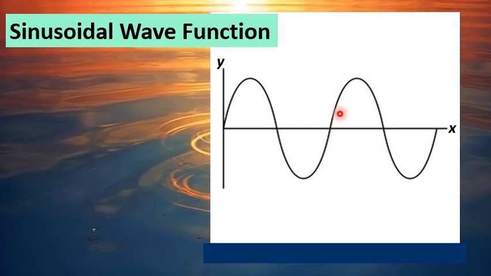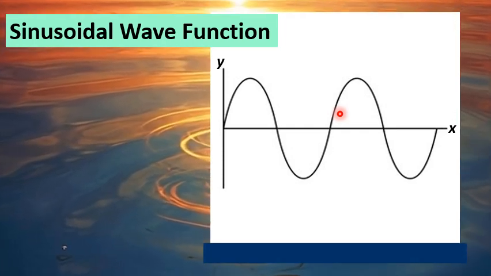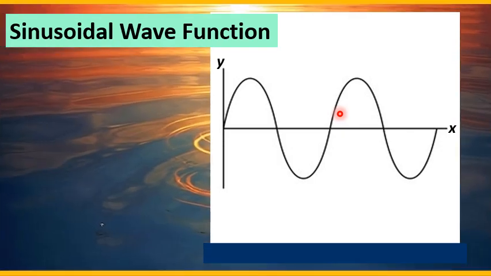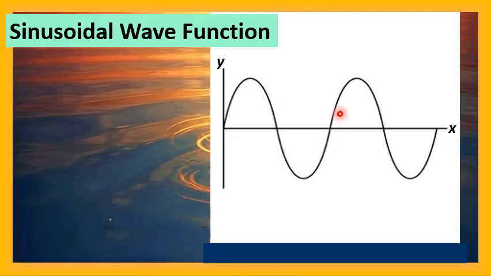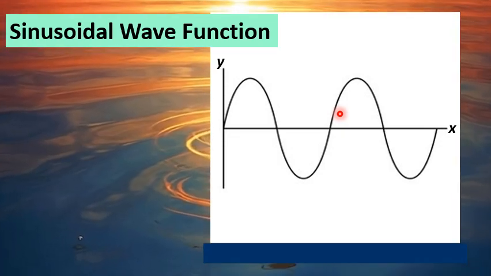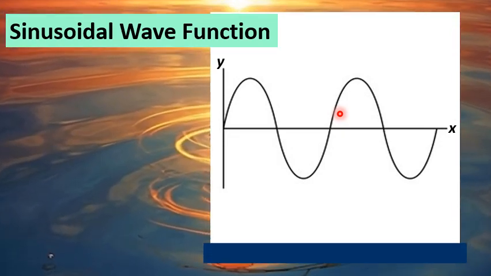If we ignore the sag of the string due to gravity, the equilibrium position of the string is along a straight line. We take this to be the x-axis of a coordinate system. Waves on a string are transverse.